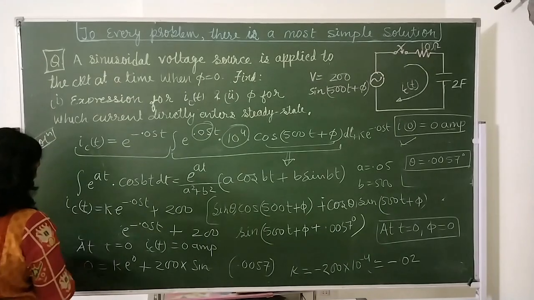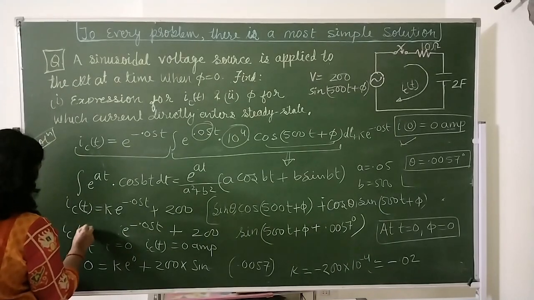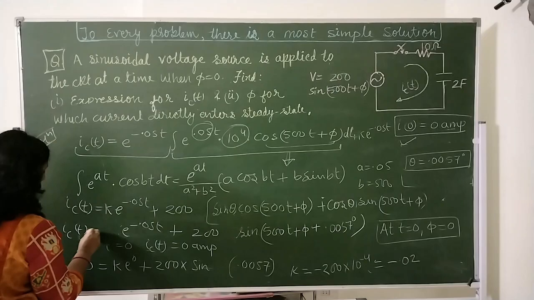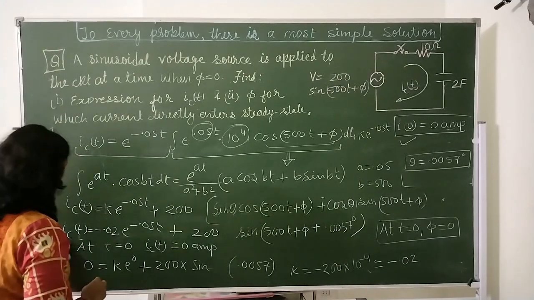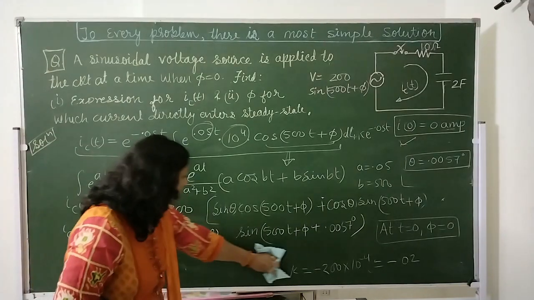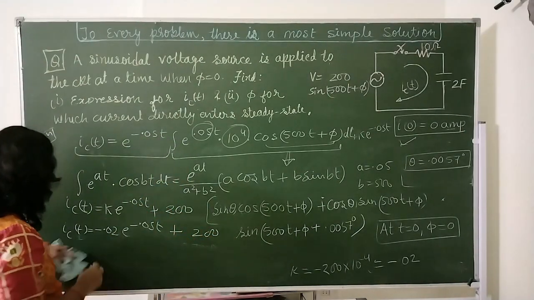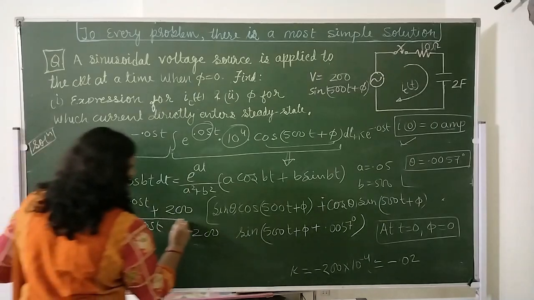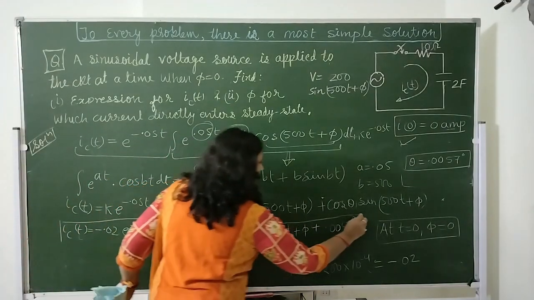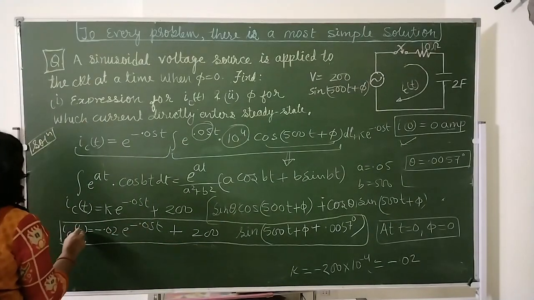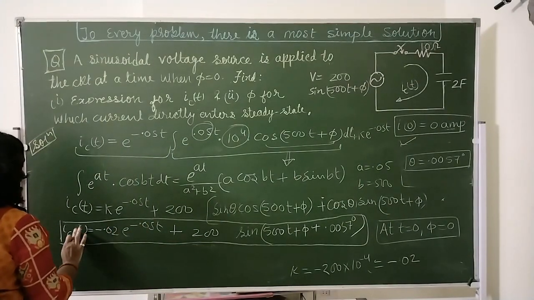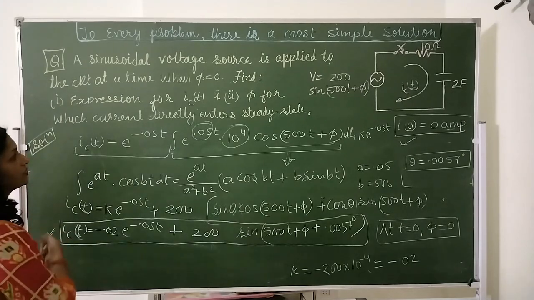So i_T(t) is equal to minus 0.02 this much. This is our expression i_T(t), which is the first part of our question.